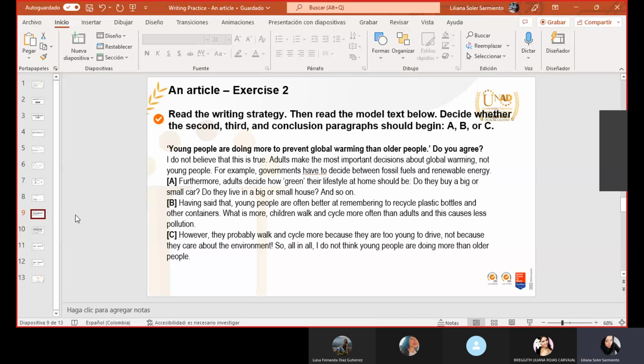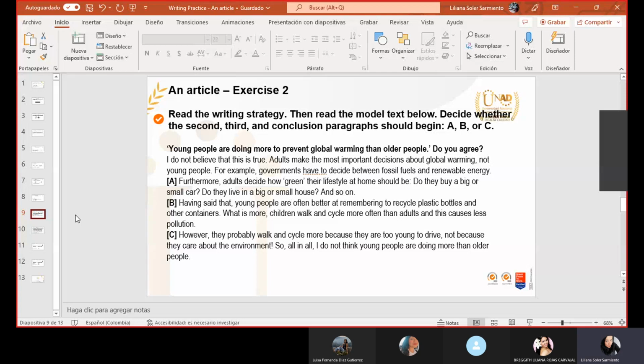Exercise 2, the writing exercise, consists of reading the writing strategy. You already have the information in the chat.